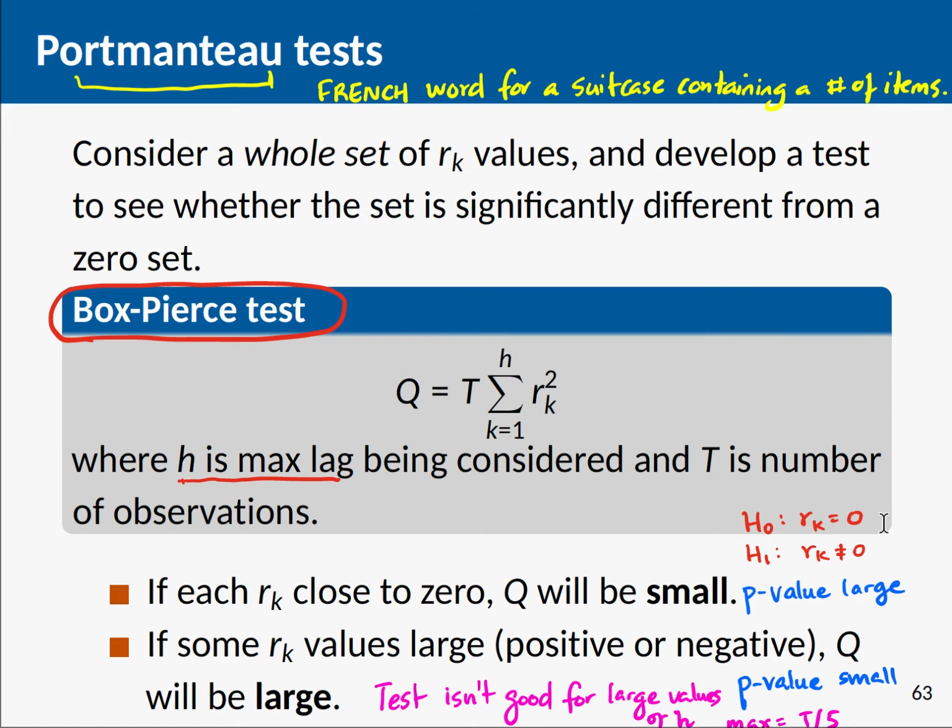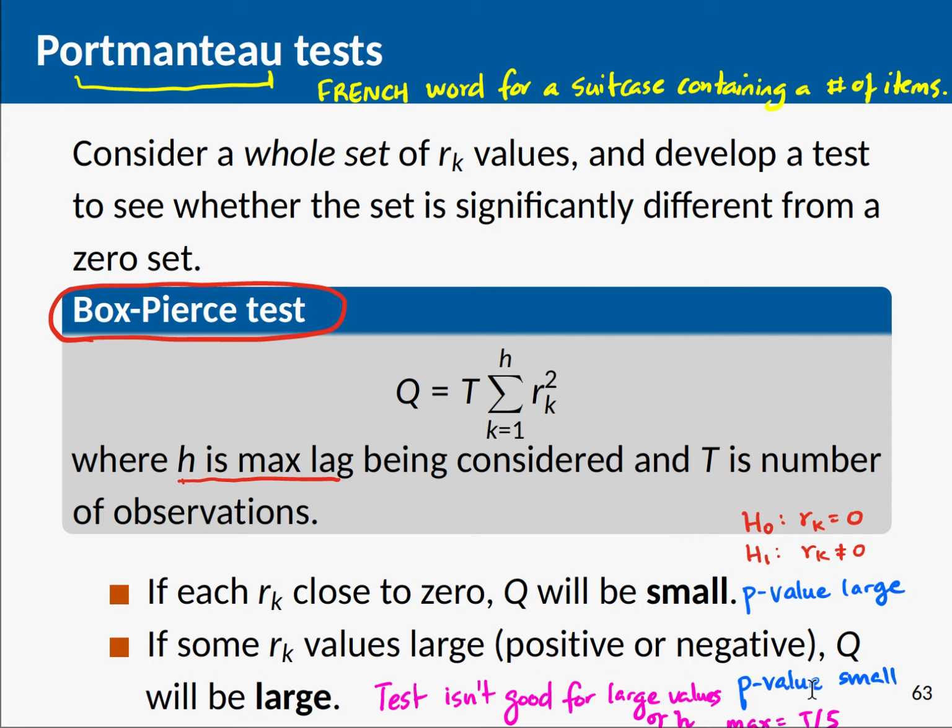You can look at Q values or you can look at P values. I prefer P values because they're easy to interpret. If the P values are very large, then that would indicate that we fail to reject the null hypothesis. If we fail to reject the null hypothesis, then we would say that each r_k is 0, where k is just representing the lags.